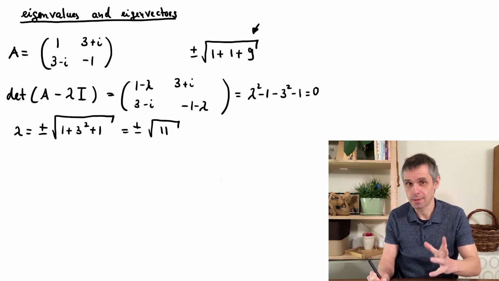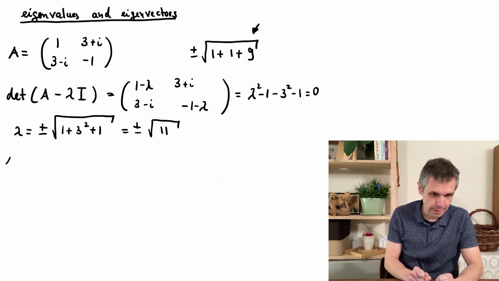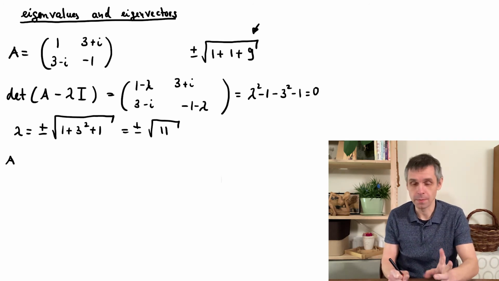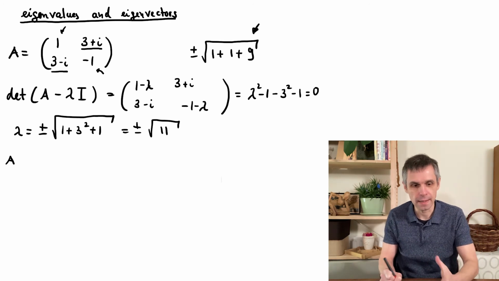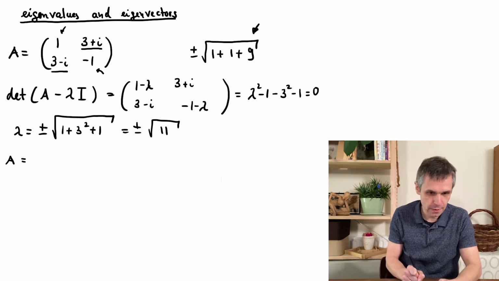Let me explain how I got there. Well, A is a Hermitian matrix, so this entry here is the complex conjugate of this entry here. And furthermore, the diagonal entries are real. And any Hermitian 2 by 2 matrix can be written in terms of 4 principal parts.